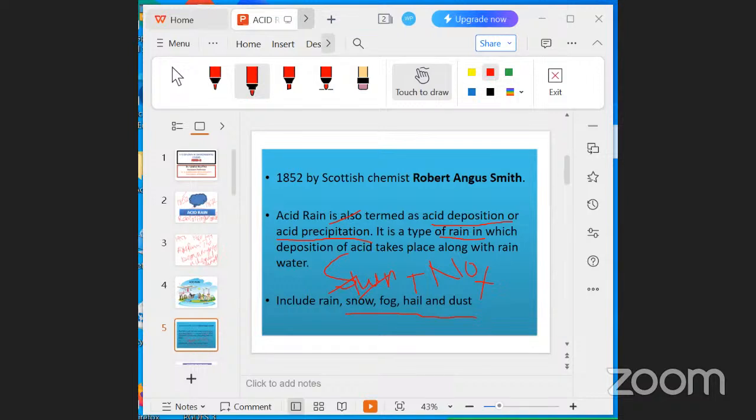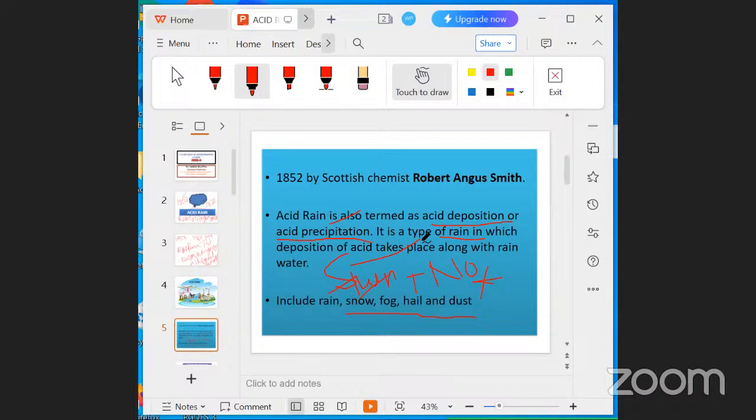Atmospheric pollutants like oxides of nitrogen and sulfur react with rainwater and lead to the formation of acids like nitric or sulfuric acid, which fall with the rain. That is called acid rain.